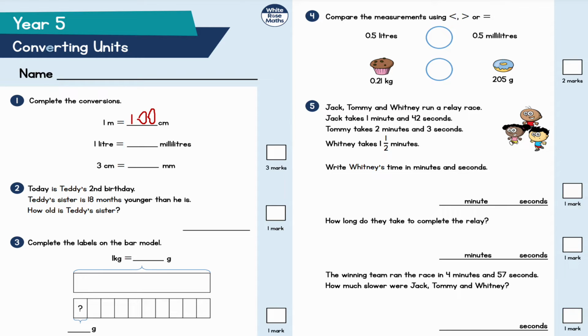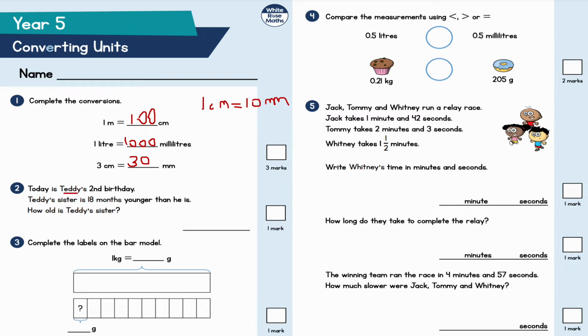It's important knowledge, standard facts that you are expected to remember and learn. 1 litre is 1,000 milliliters. 3 centimeters equals 30 millimeters because 1 centimeter is equal to 10 millimeters. So it might be worth noting these down in a notebook or something, so you know what your conversions are.